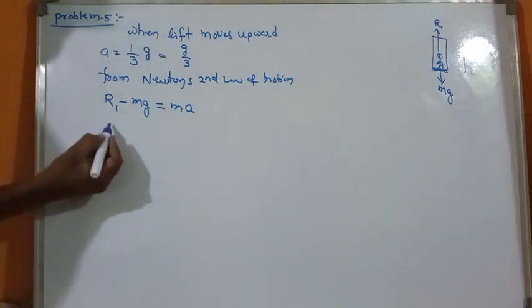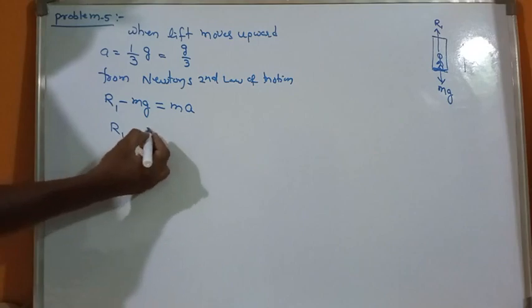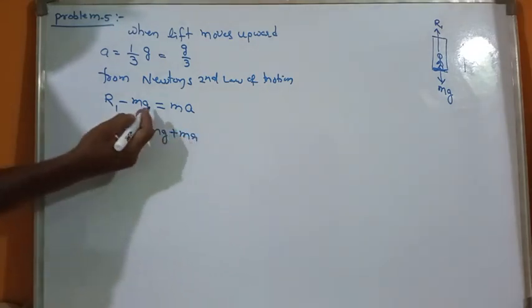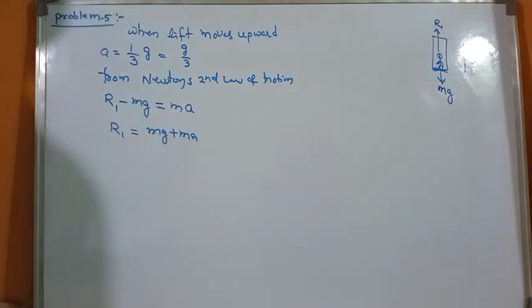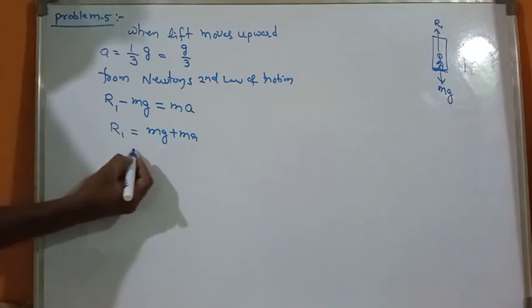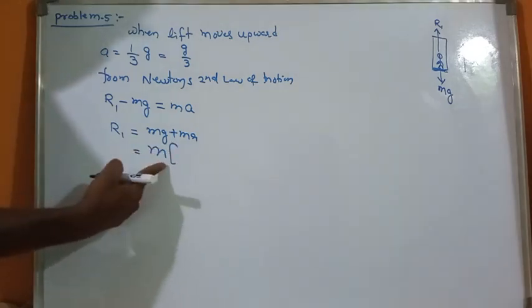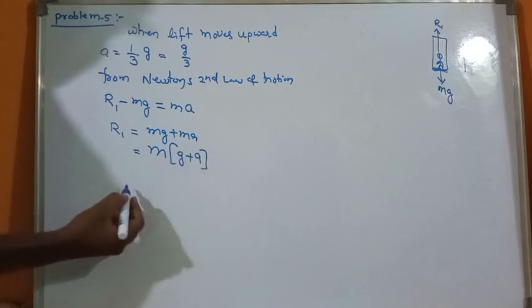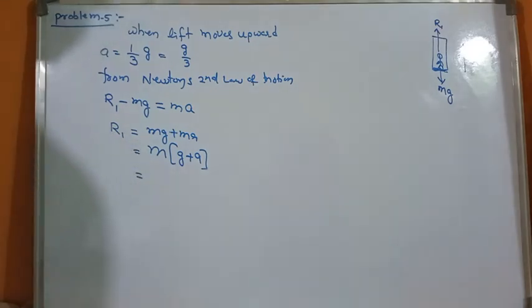Then from this, R1, the normal reaction, is equal to mg plus ma. Taking m common, this is m of g plus a, and that is equal to R1, the normal reaction.